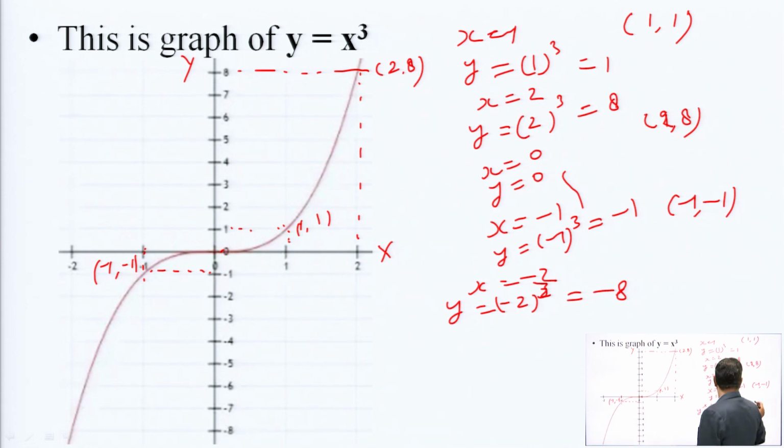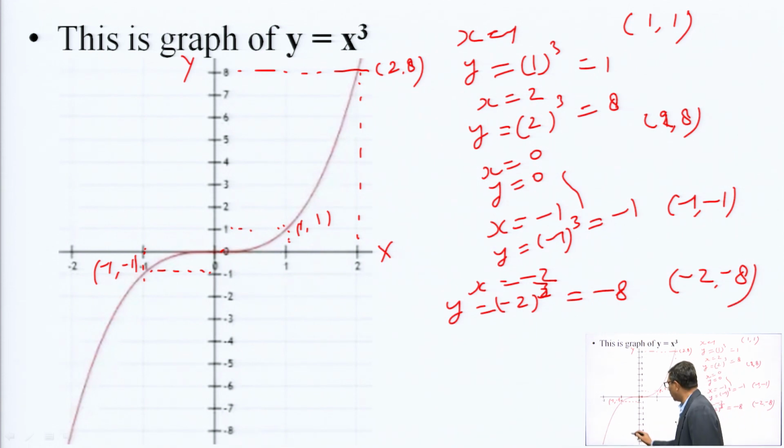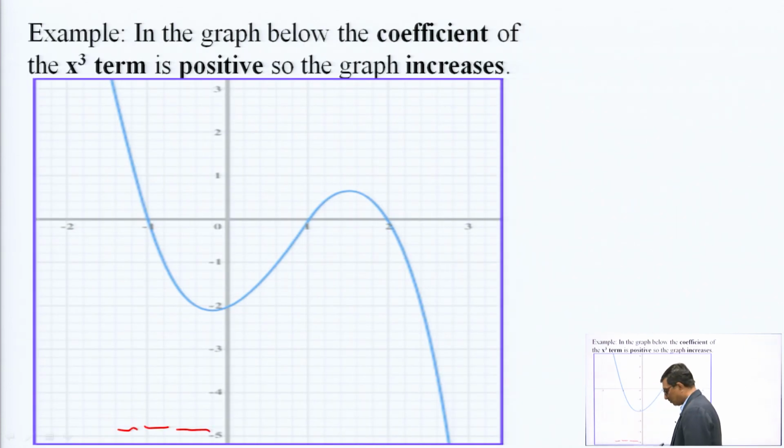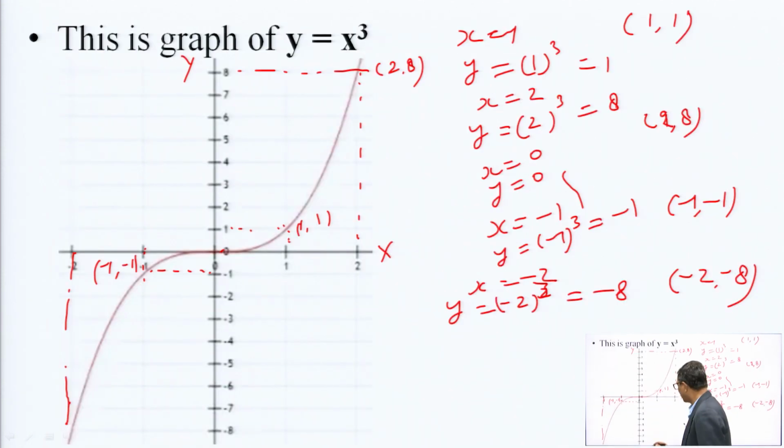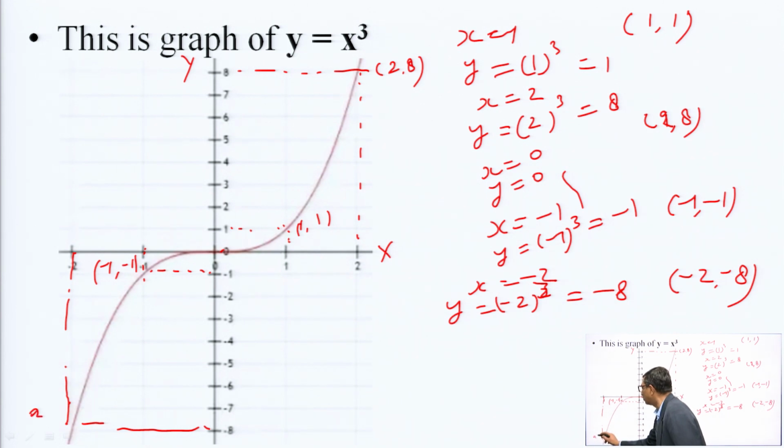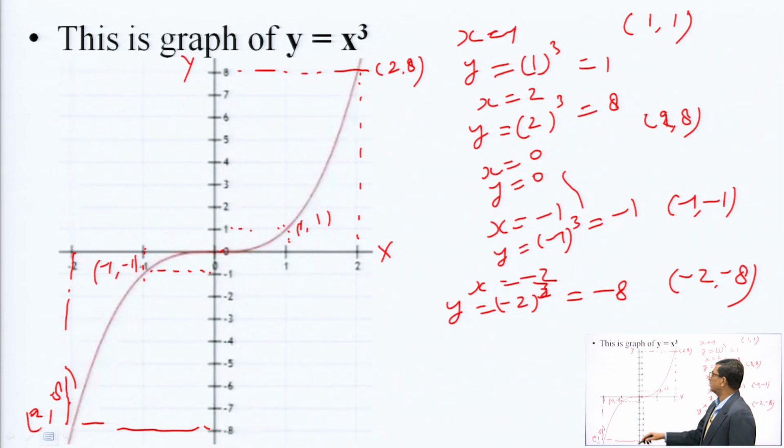So, the point is minus 2, minus 8. If we join from origin to this point, we get this curve. So, this is the cubical graph as it contains y equal to x cube and x has power 3.